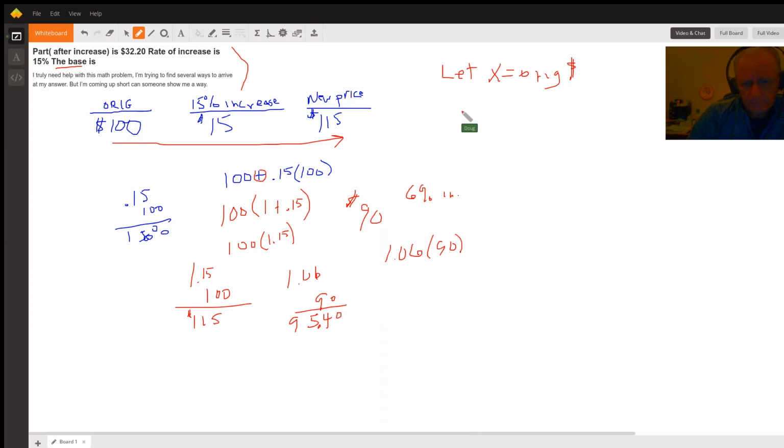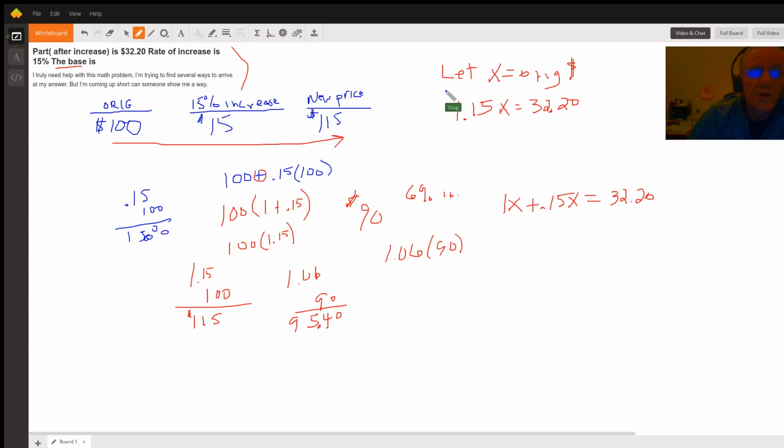Well, we can multiply by 1.15. 1.15 times X is going to give us $32.20. Or another way to think about it is start with X, add on 0.15 of X, and you'll get $32.20. So if you don't like the shortcut, this is also an alternative. But 1X plus 0.15X is still 1.15X.